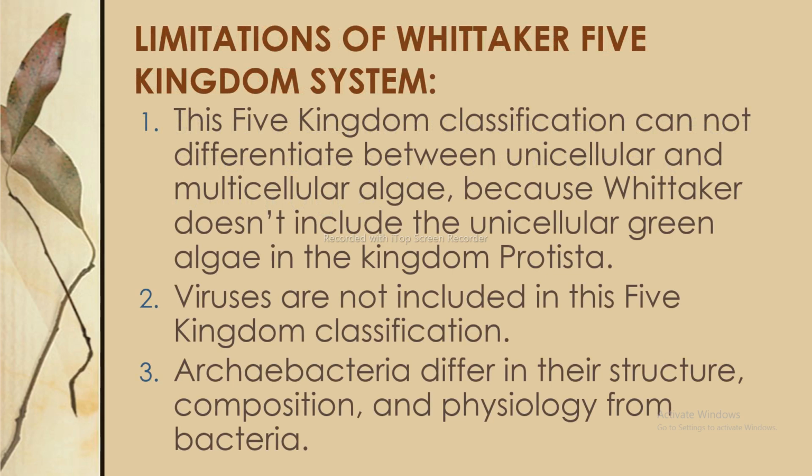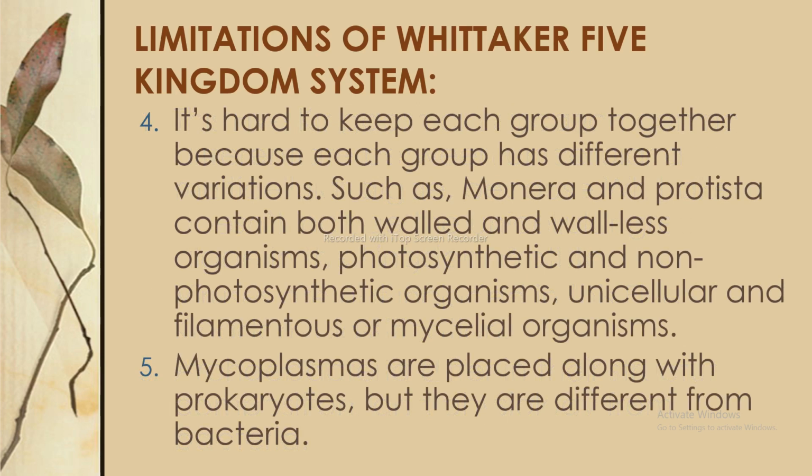Limitations of Whittaker's five kingdom system. This system cannot differentiate between unicellular and multicellular algae because Whittaker doesn't include the unicellular green algae in the kingdom Protista. Viruses are not included in this classification. Archaebacteria differ in their structure, composition and physiology from bacteria, and it's hard to keep each group together because each group has different variations, such as Monera and Protista containing both walled and wall-less organisms, photosynthetic and non-photosynthetic organisms, unicellular and filamentous or mycelial organisms.